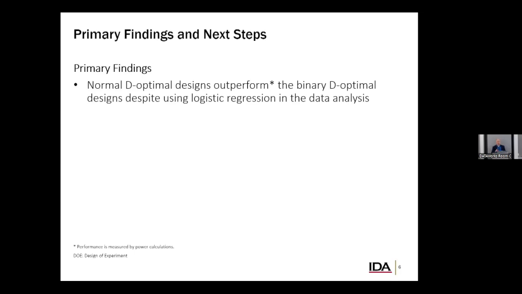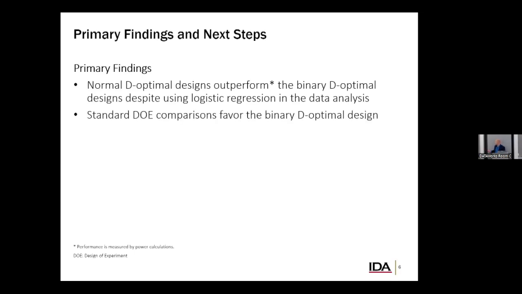They might not specify it with the normal, but you use a D-optimal more frequently. And so what we're saying here is that the normal D-optimal design, if the practitioner is interested primarily in power, outperforms the binary design.